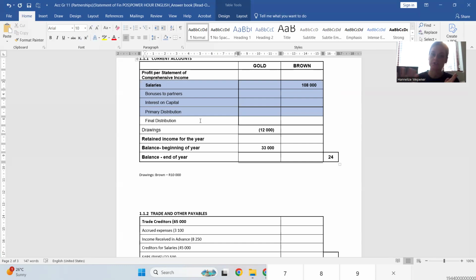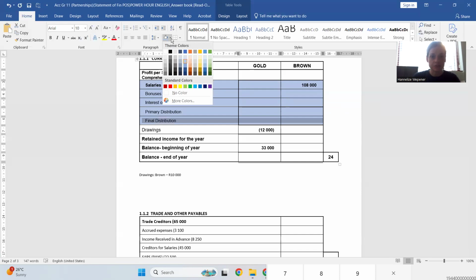Once you have distributed that to each one of the partners, you're going to hopefully still have some profits left and not losses. But then the final distribution happens when you take that net profit minus the primary distribution. You will then allocate the final distribution to each one of the partners.